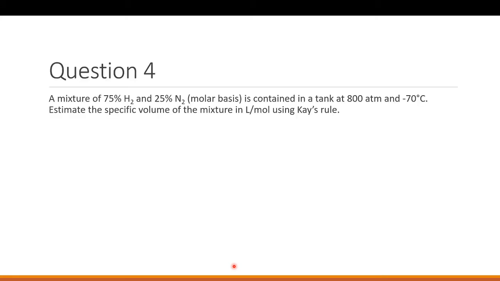Question 4. A mixture of 75% hydrogen and 25% nitrogen on a molar basis is contained in a tank at 800 atm and negative 70 degrees Celsius. Estimate the specific volume, which is the v cap of the mixture in liter per mole, using Kay's rule.